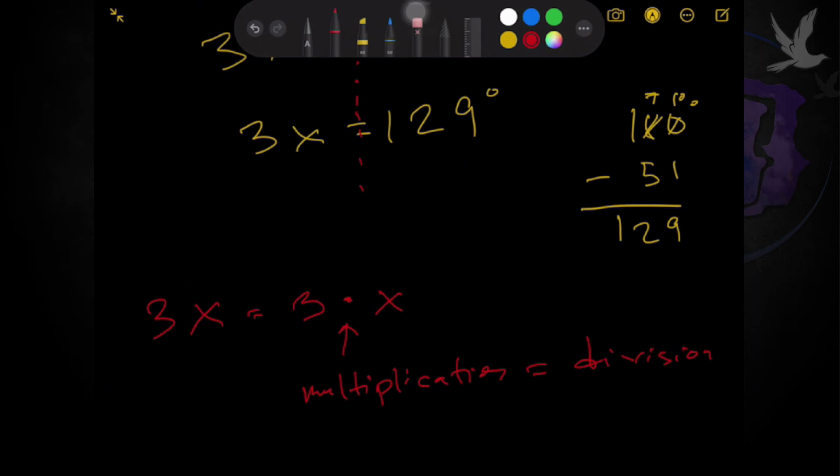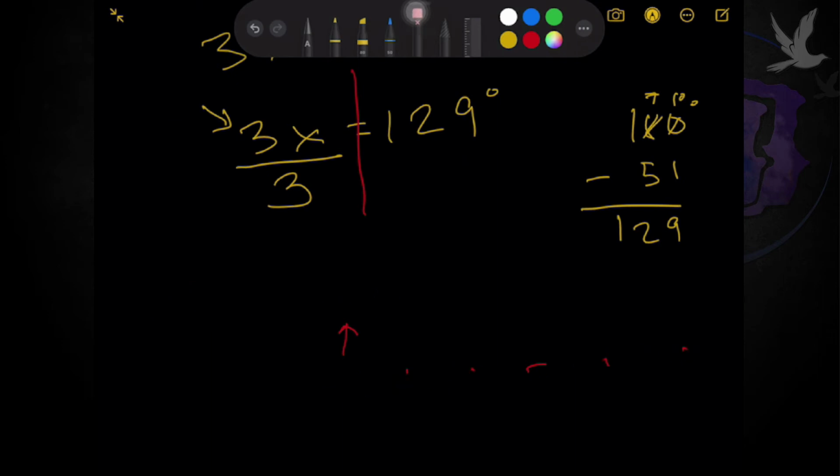Two sides of the equation, which means in this side of the equation, we should now divide this value by 3. Kung ano yung given. Okay, whatever is the coefficient of our variable, which is in this case is 3. Since 3 is our coefficient for our variable of x, we should divide it by 3 as well.